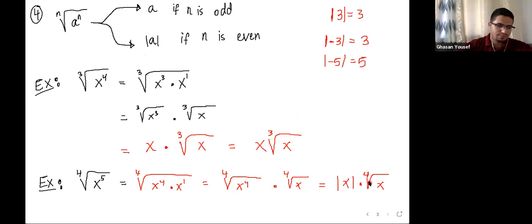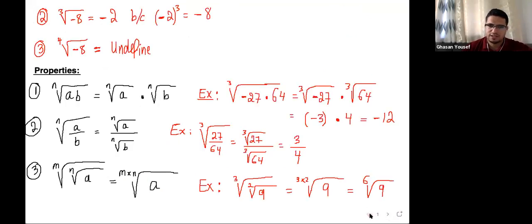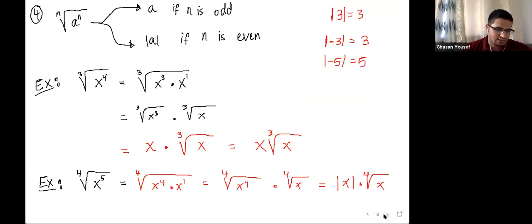Okay, so now let's move to the next part of this section, the rational exponent. So this was the radicals, now the rational exponent.